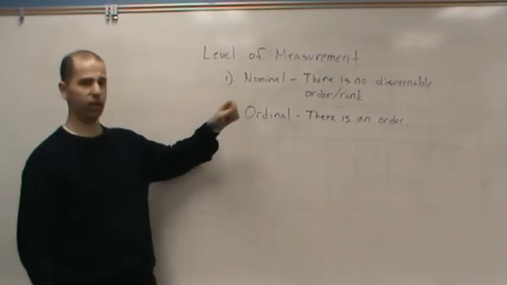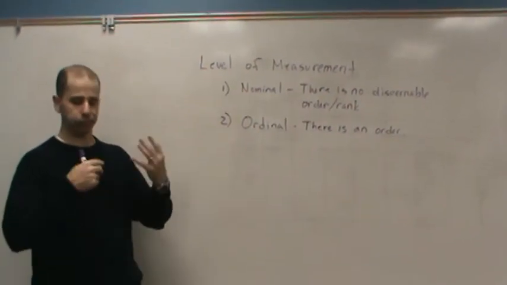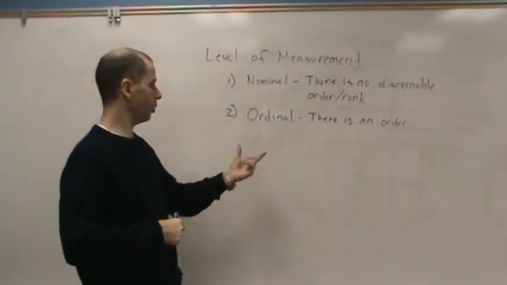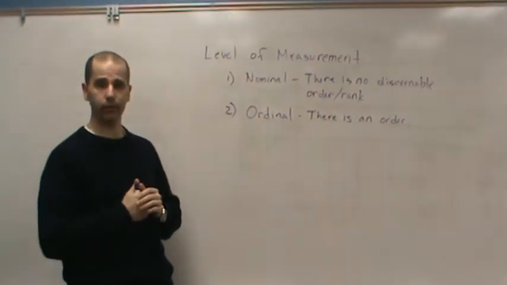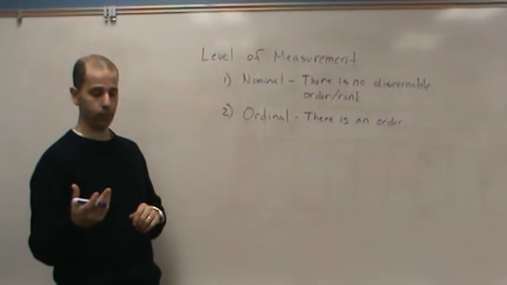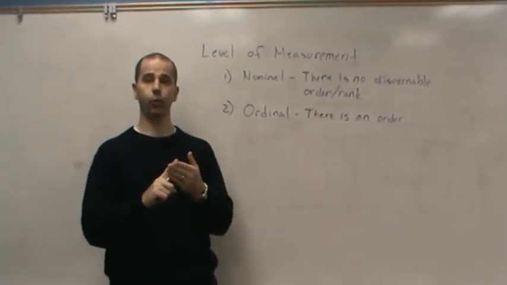So think of ordinal, order. Nominal, it's just name only, right? When we say nominal, it's by name, so it just doesn't matter, just by name. Ordinal, order, think of that. So again, things like year in school. You could even say first year, second year, third year, fourth year.